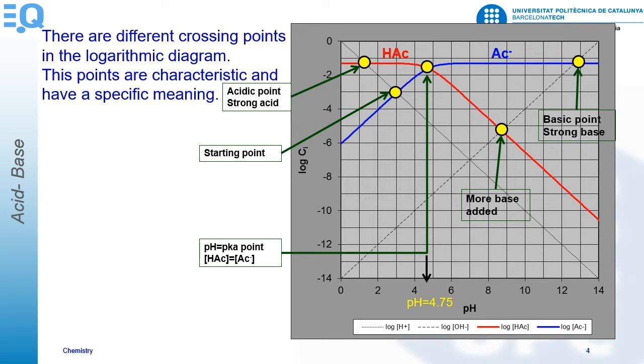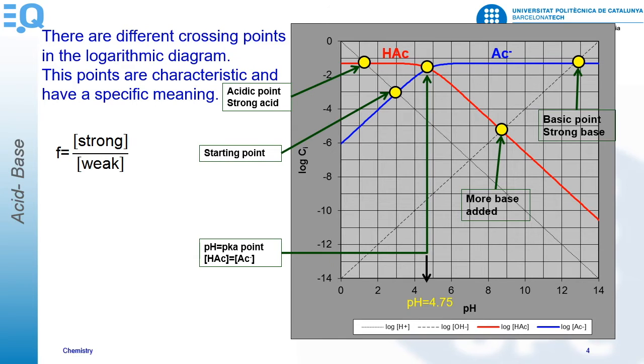In this case, this pH is attainable when the starting point is a strong base, or by adding a lot of strong base, so that the amount of strong base is much higher than the amount of weak acid. These characteristic crossing points have a special nomenclature.